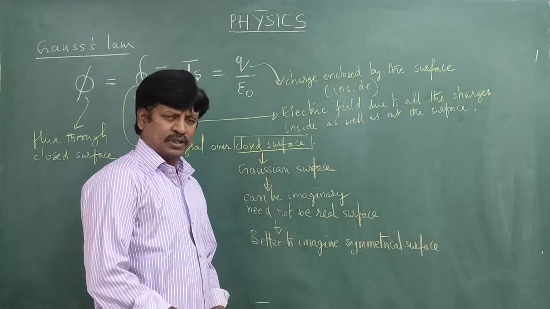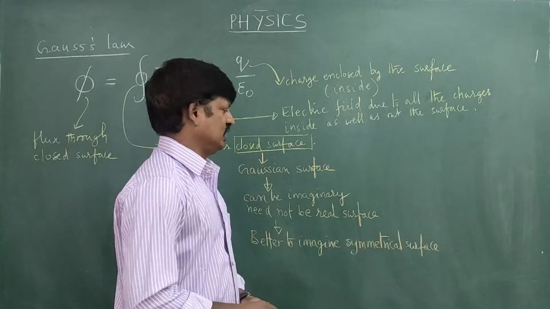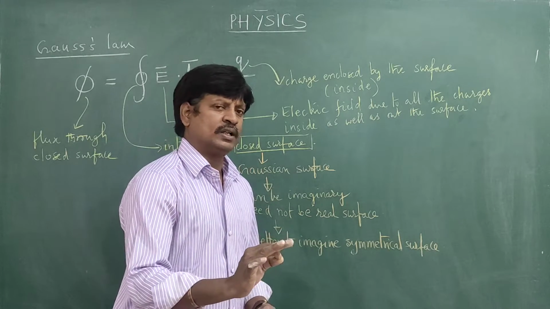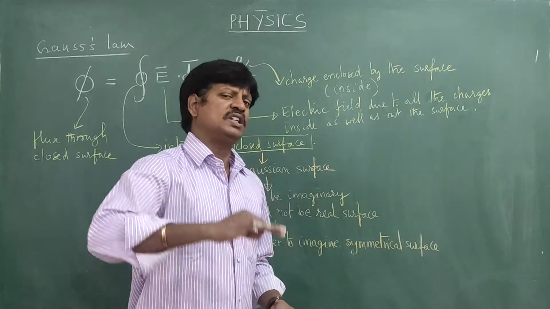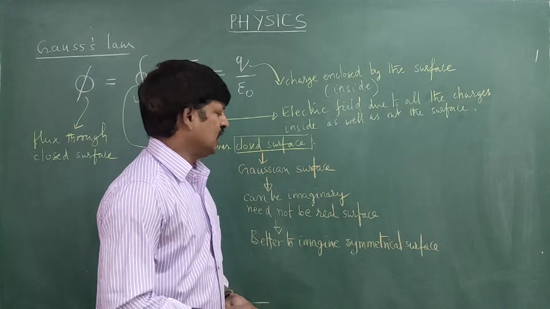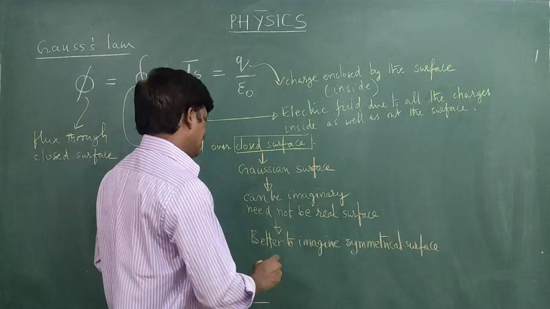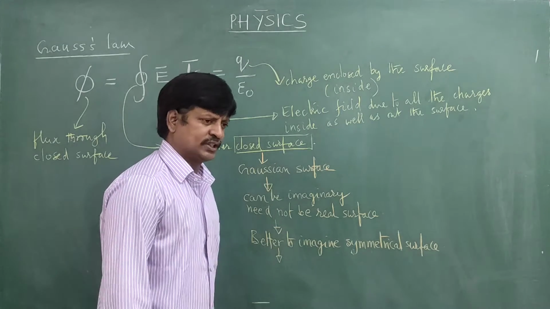In most of the numericals that we solve, it's always better to imagine a symmetrical surface. It doesn't mean that you should not imagine an unsymmetrical surface, but it is always better to imagine a symmetrical surface.